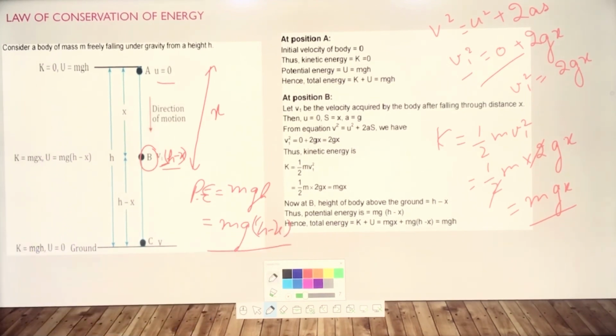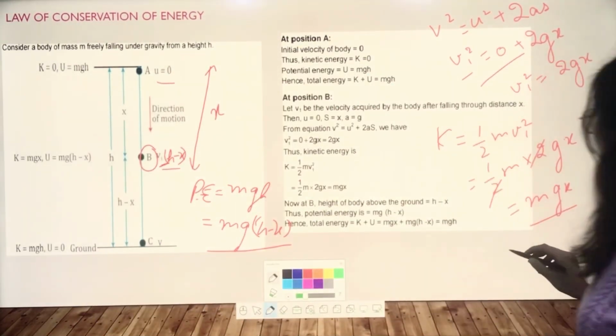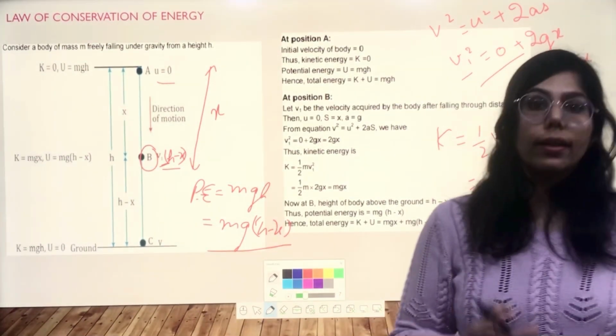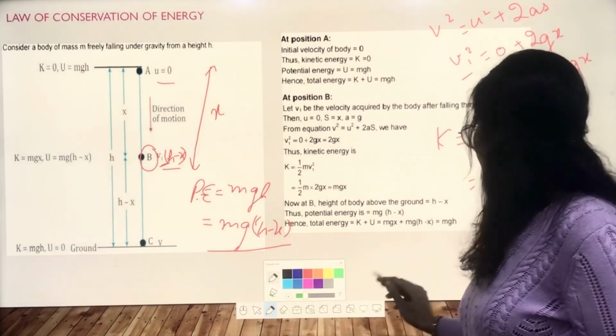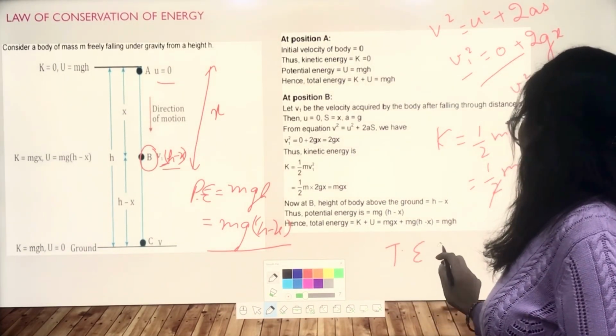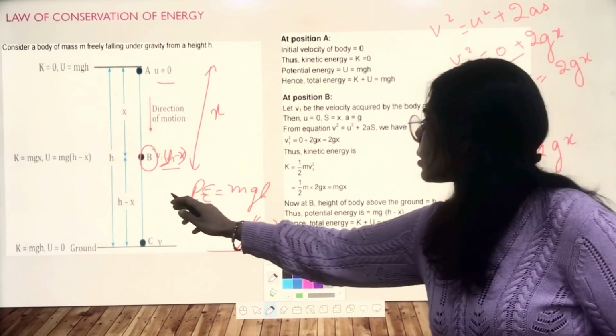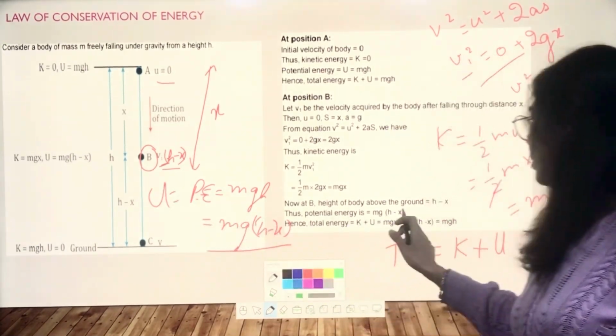Now we know the potential energy and also the kinetic energy at point B. We need to calculate the total energy now. Total energy will be equivalent to kinetic energy plus potential energy. You can consider this as equivalent to U also, as mentioned over here.